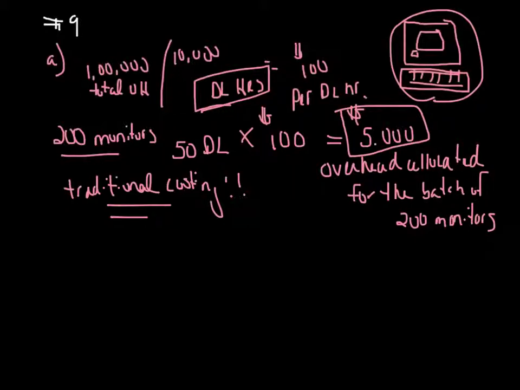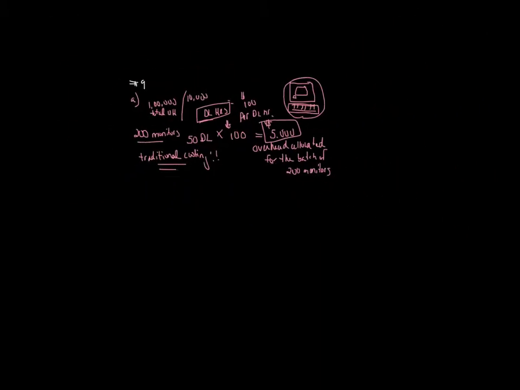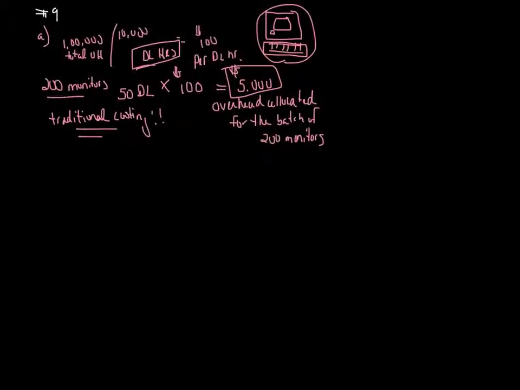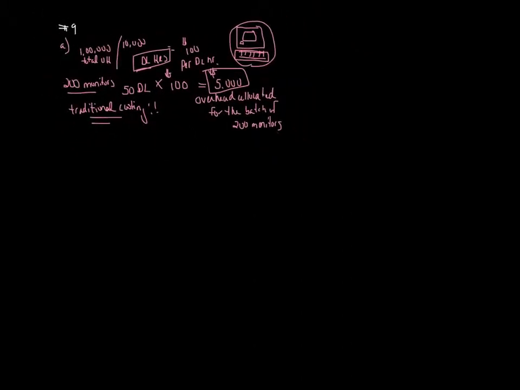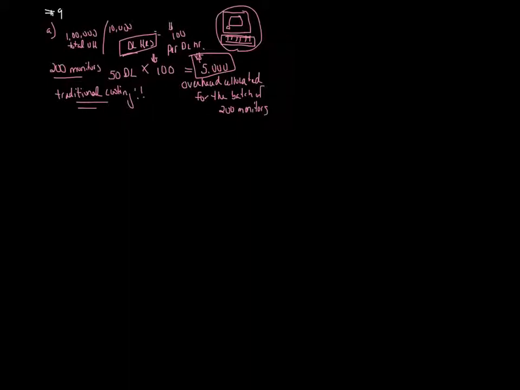So now let's take a look at B. Determine the overhead allocation for the batch under ABC costing. Let's shrink this little guy up here. I won't bore you with another computer drawing.